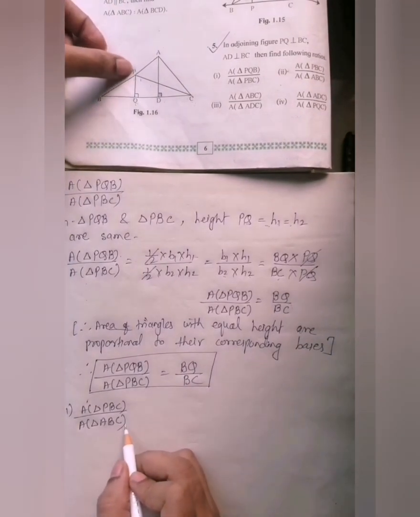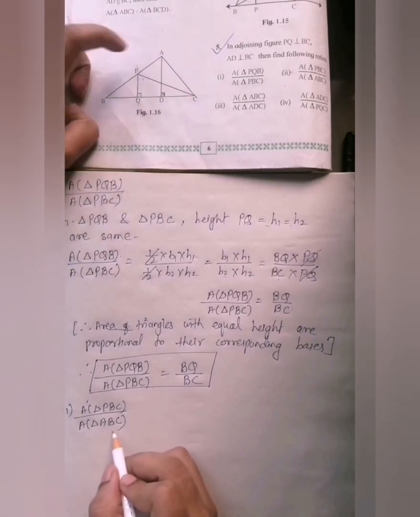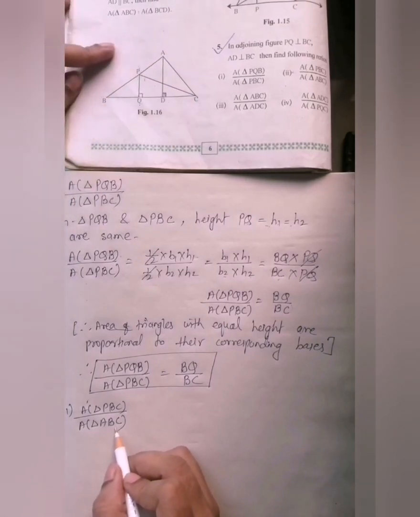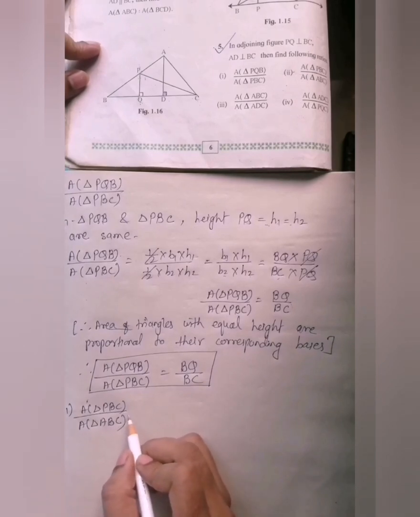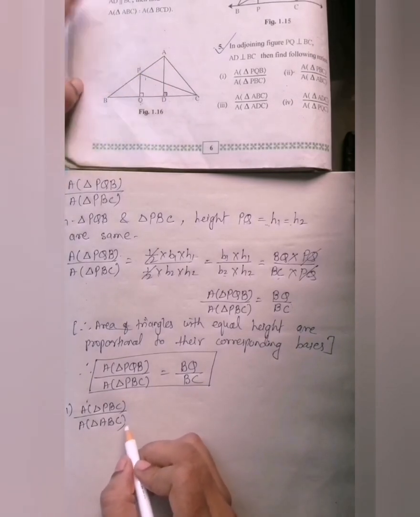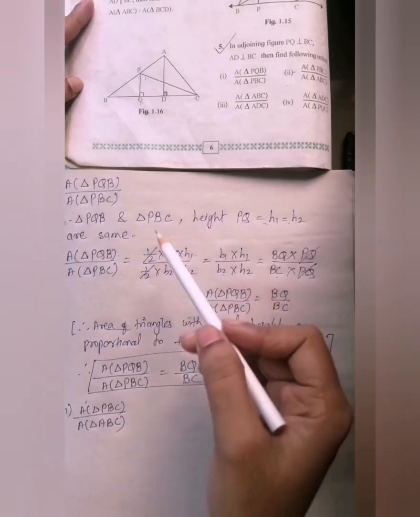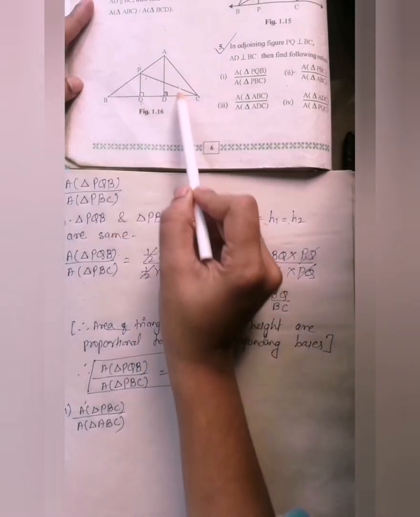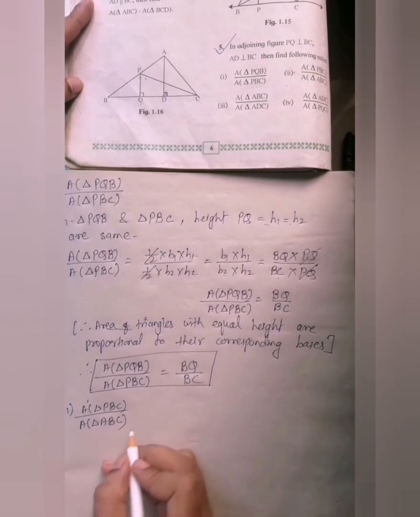This one is PBC and the next one is ABC. So what do you observe in this figure? We have BC as the same base, a common base of both triangles. Clear? So the first triangle is PBC and the second triangle is ABC.